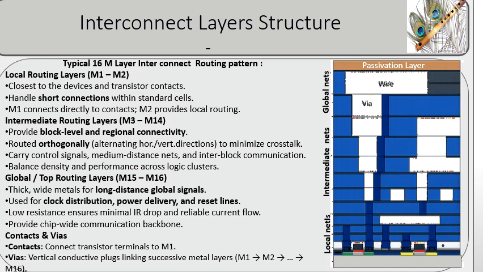The upper metal layers are wider and thicker, carrying long-distance signals, clock networks, and the power distribution grid with lower resistance. Metal layers are interconnected through contacts and vias, enabling vertical electrical connections between routing levels. This hierarchical routing structure improves performance, reduces routing congestion, and enables reliable signal and power distribution across the entire chip.